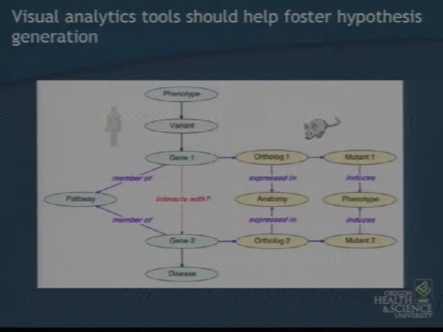Here's another diagram in the same vein as the previous one, except it's more of an abstract example. So imagine that you have a potential path from a phenotype of interest at the top to a disease at the bottom, and that path is incomplete.